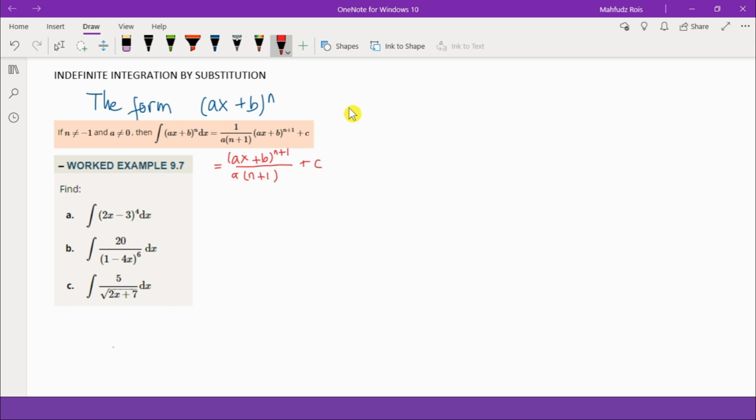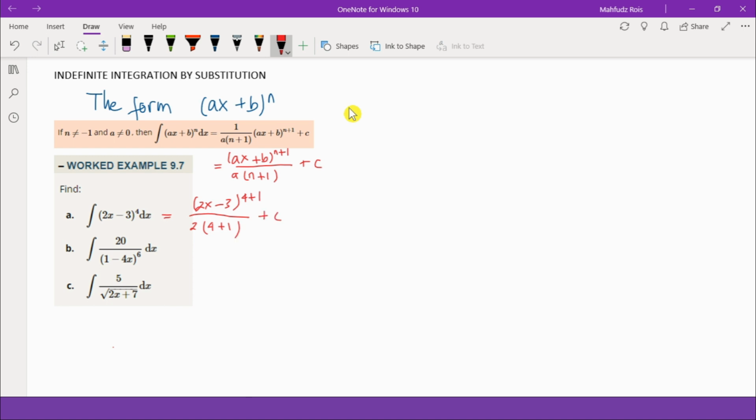Let's solve number 1, or number a here. The integration of (2x minus 3) to the 4th power dx. If we apply this, it will be very easy. So we just write (2x minus 3) to the 4 plus 1, and then 2 here will be like a, right? So it will be 2 times (4 plus 1), plus c.